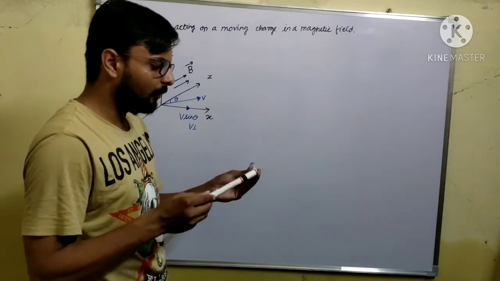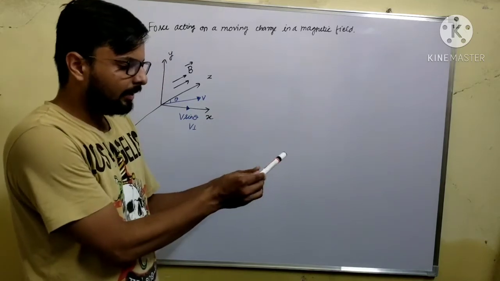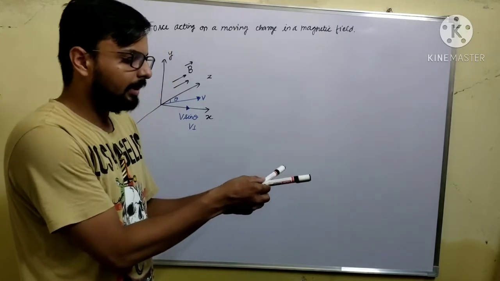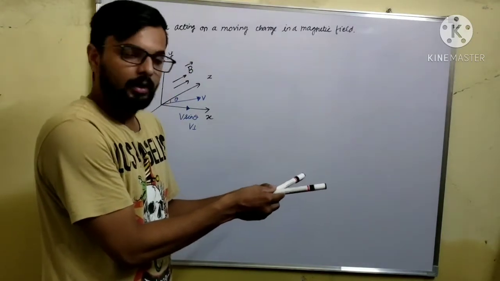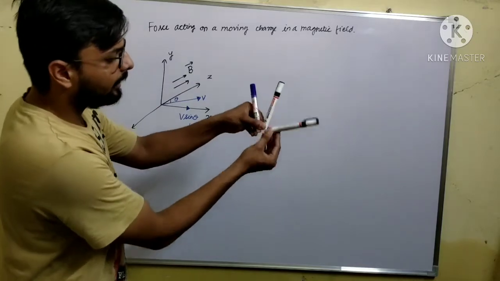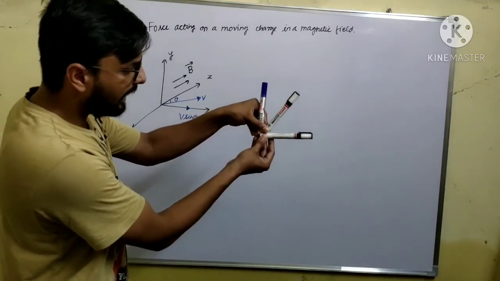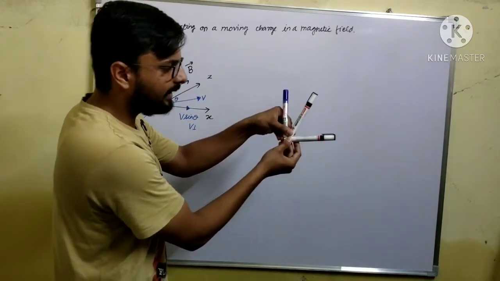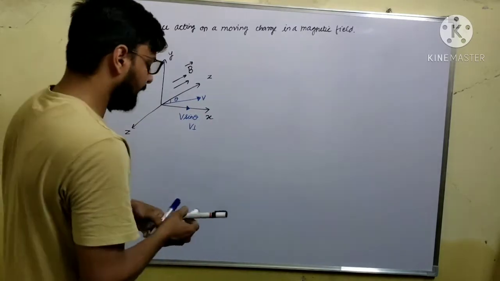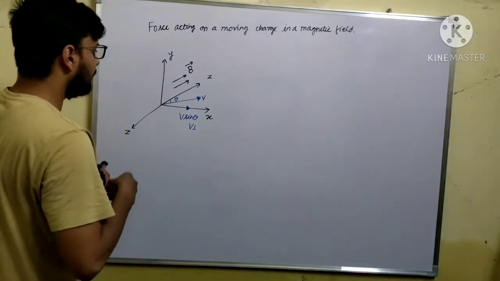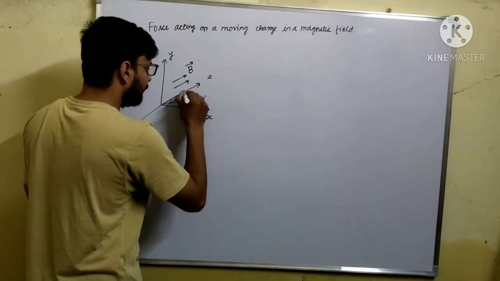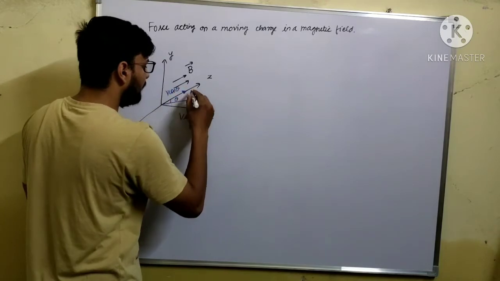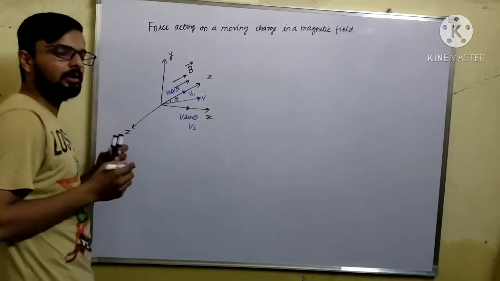The particle is moving with velocity v at an angle theta from the magnetic field, and this component is making 90 degrees with the magnetic field, so it is the perpendicular component of the velocity. The component in the direction of the magnetic field is v cos theta, which we take as the v parallel component.